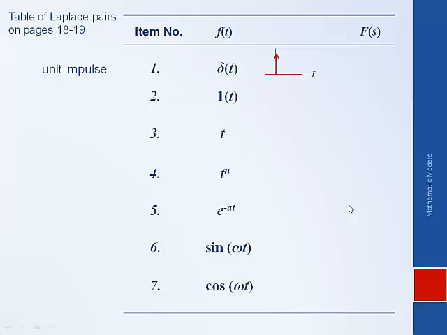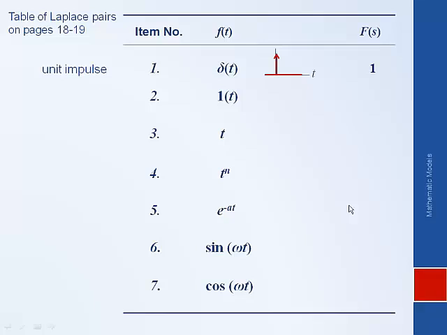So you could imagine a hammer strike or something like that being approximated by this unit impulse. The unit means that the area underneath the curve is equal to 1. If you took this unit impulse function and plugged it into the integral expression on the previous slide and solved that integral, the result would be equal to 1. And so that's what the Laplace transform of the unit impulse is.